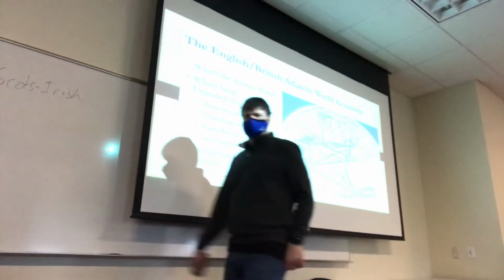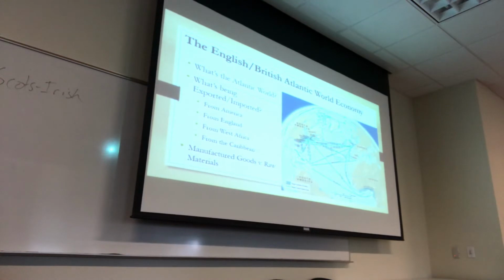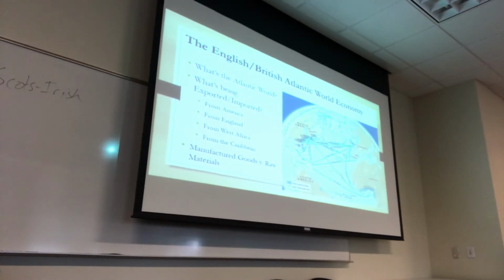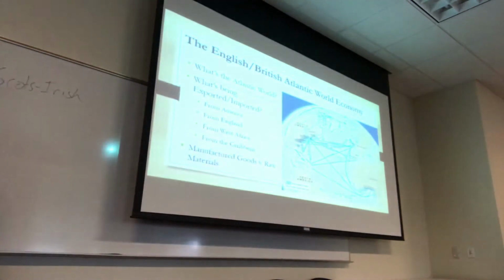Today, I'm, at this point at least, primarily concerned with trade in the Atlantic world, though it is about much more than that. For example, our next lecture will concern ourselves very much with the ideas going back and forth across the Atlantic. But if we're looking at trade and what's being imported and exported, what are the things?